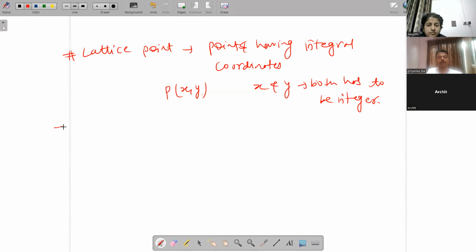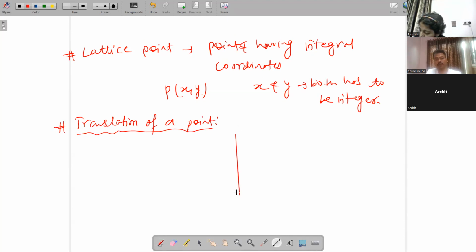Right? Now, translation of a point. This is y-axis, this is x-axis. Suppose I take any point P whose coordinate is suppose 2 comma 3. It means that if you drop a perpendicular to this x-axis, this will be x coordinate and this will be y coordinate.